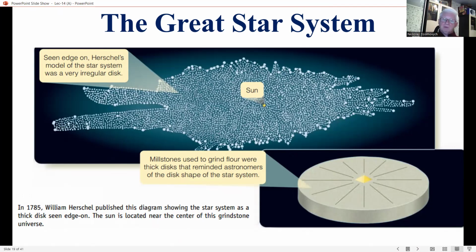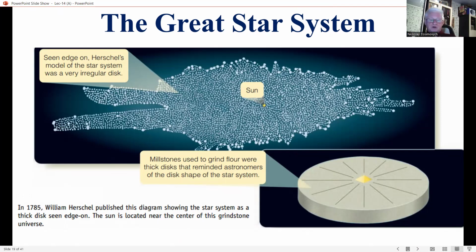Only a wheel-shaped cloud produced the band of the Milky Way encircling the sky. In 1750, Thomas Wright, drawing on the technology of the time, referred to the wheel-shaped star system as a grindstone universe, by analogy with the thick disk of the stone used to grind grain.